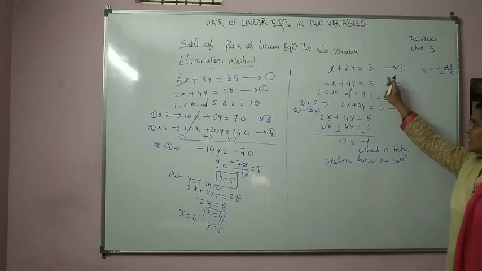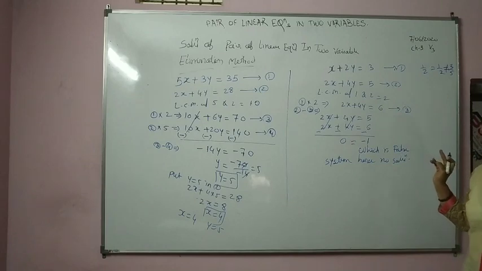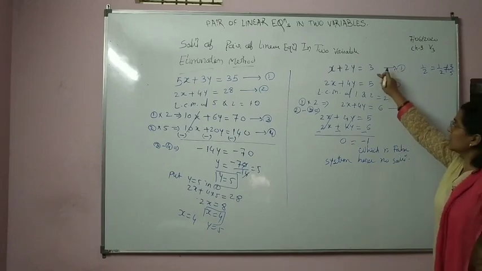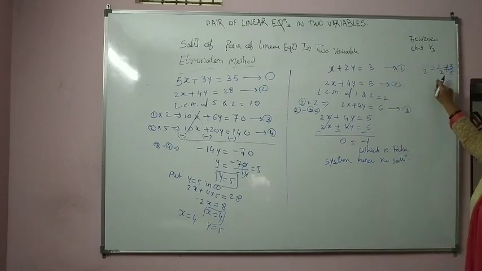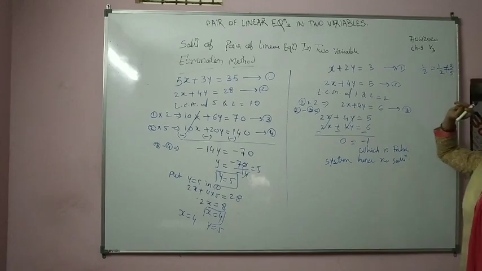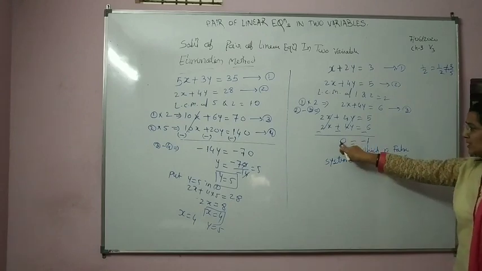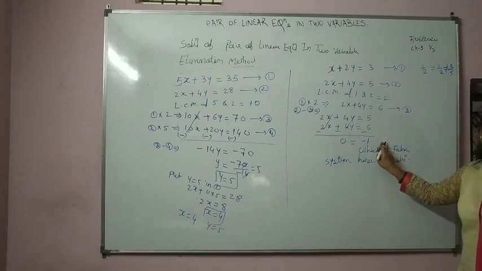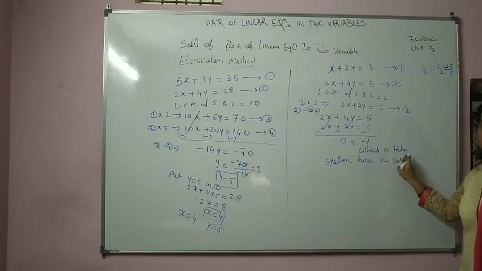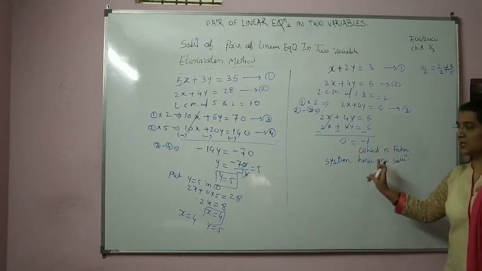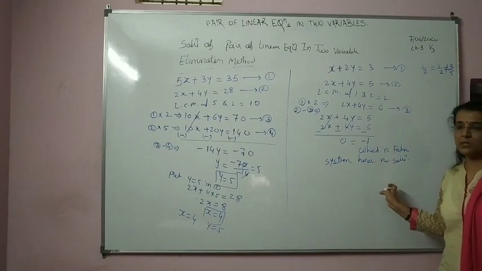And if the system has infinitely many solutions, then you will get the ratio a1 upon a2 equals b1 upon b2 equals c1 upon c2. And if it is equal to c1 upon c2, then both the values will become equal. Here the left hand side is 0, and the right hand side is also 0. Then it is a true statement, and a true statement indicates that the system has infinitely many solutions.